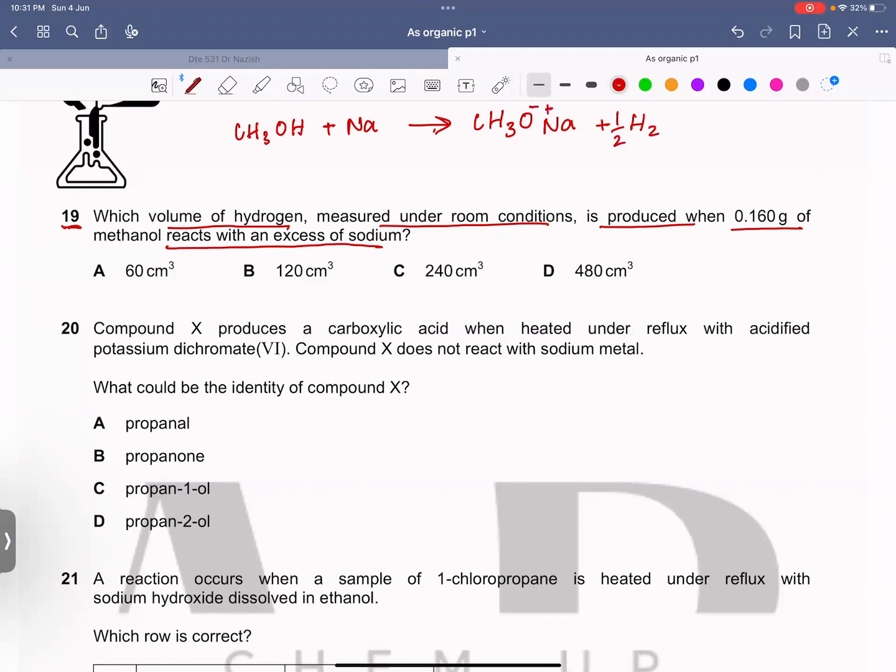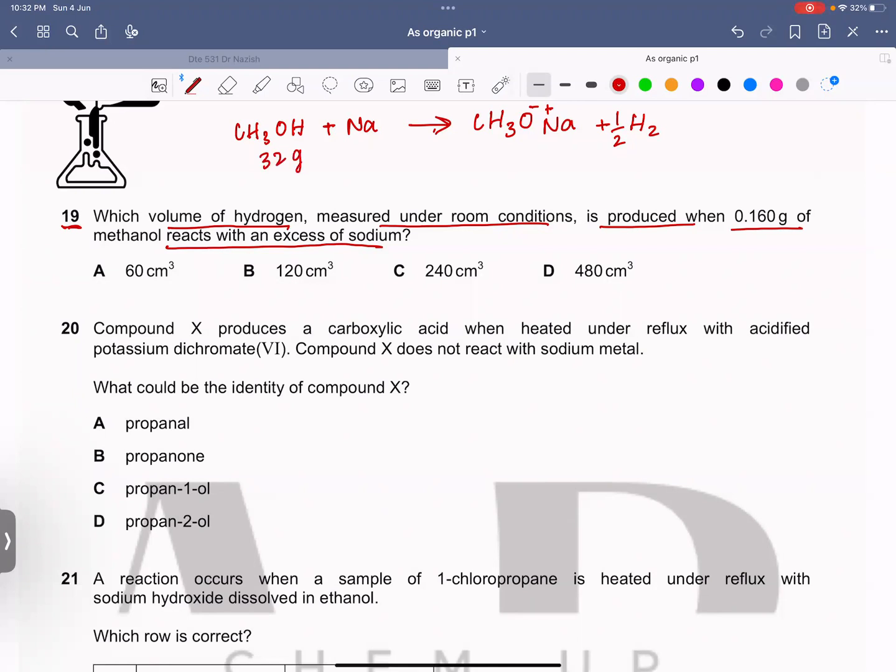To balance this equation, I have to put a half over here. So this would be my equation. Now, if there is 1 mole of methanol, what would be its mass? It's actually equal to Mr. So 1 carbon makes it 12, 4 hydrogen 4, and 1 oxygen 16, so 32.